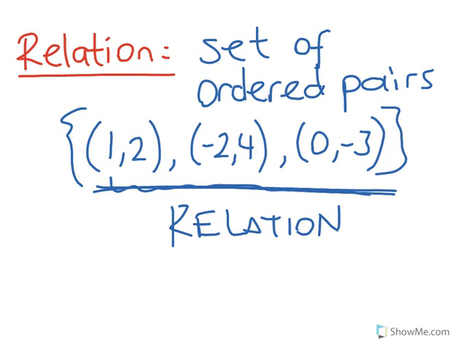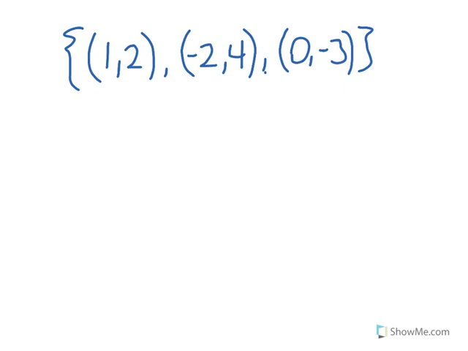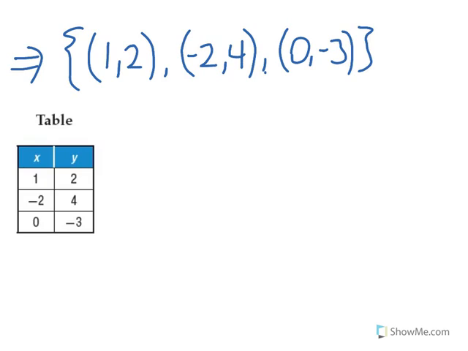Now, apart from listing the ordered pairs, we have other ways to represent relations. For example, a relation listed like that can be represented as a table. Now please look at the numbers.